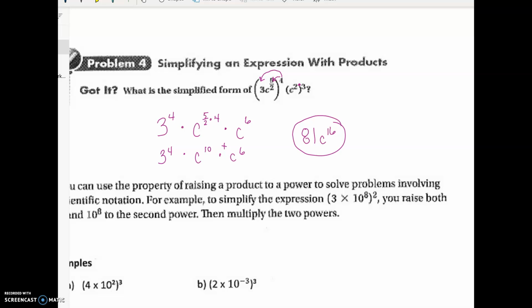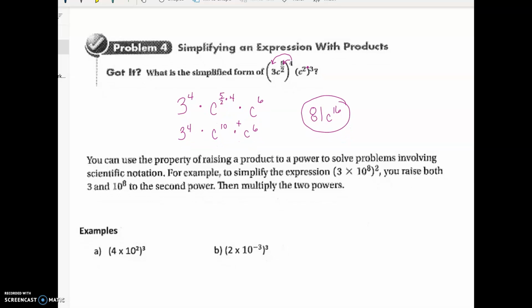Now, the other part of that is when we have something in scientific notation. So we can use the property of raising a product to a power to solve problems involving scientific notation. For example here, we would raise both the 3 and the 10 to the 8th. So again, we distribute that 2 to the 2nd power, and then we would multiply those together, okay?